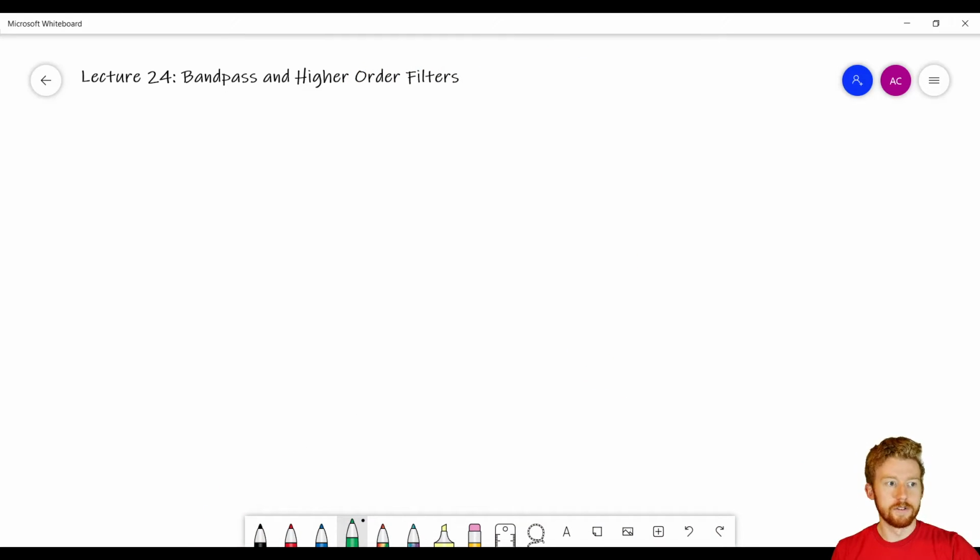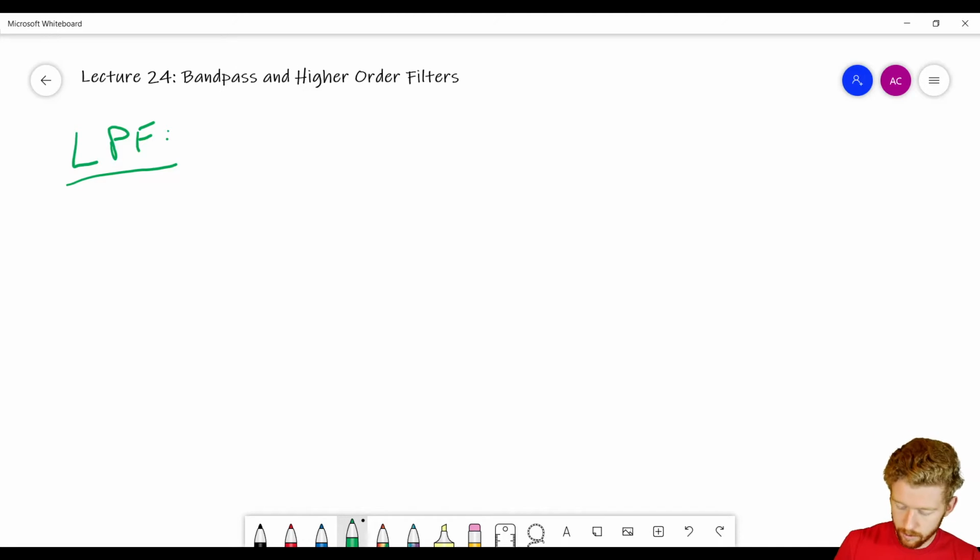First thing we're going to do is review the filters that we've talked about. So first filter I'm going to say is LPF. And you should be able to see what that stands for. That stands for low pass filter. Now, low pass filter is going to allow low frequencies to pass through, and it's going to attenuate high frequencies.